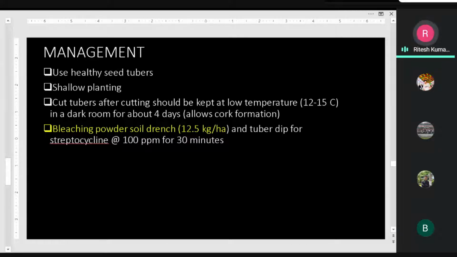If it is very severe, then we recommend 25 kg of bleaching powder. First we mix this bleaching powder in FYM and then apply it in the field. Also, where its incidence is high, seed tuber treatment with streptomycin at the rate of 100 ppm for 30 minutes is advisable. Shallow planting is recommended.